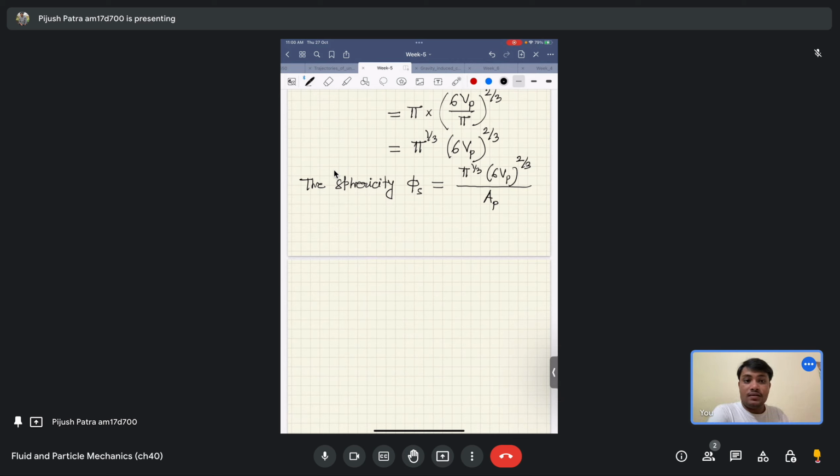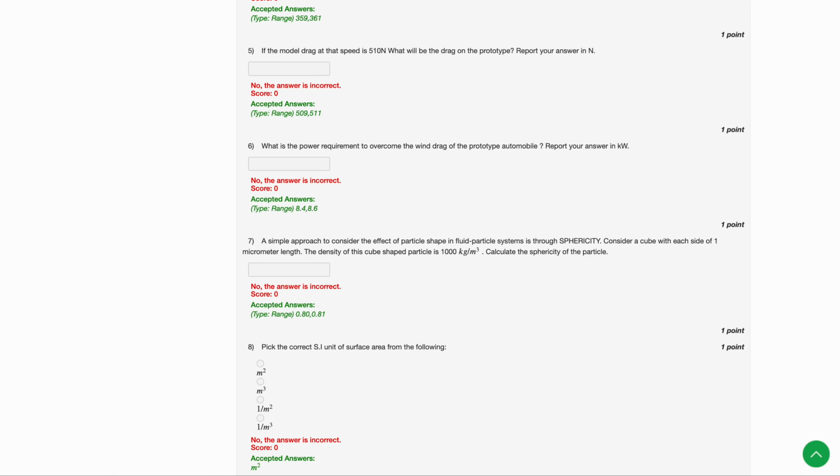So what is given in the question? A cube with side length a equal to 1 micrometer.